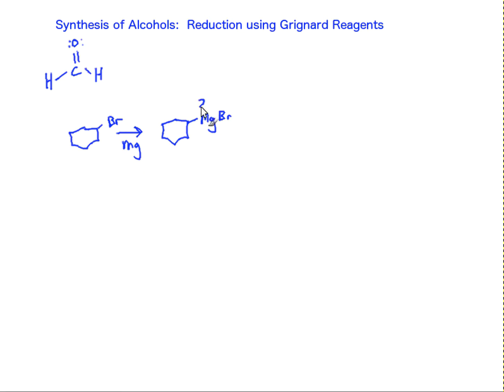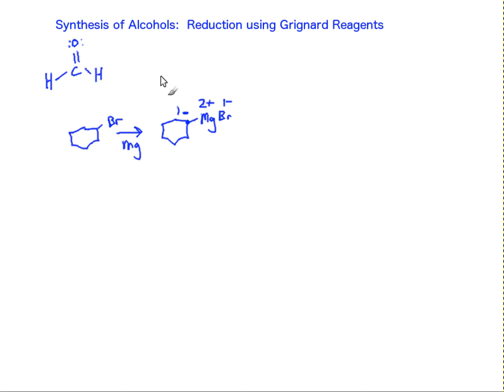Our magnesium we think of as 2+. Our bromine we think of as 1-. And really this alpha carbon, the one directly attached to the magnesium, has electrons sort of pushed onto it by the metal. So we think of that alpha carbon as having a 1- charge. A lot of times I like to really think of it as a salt, right?